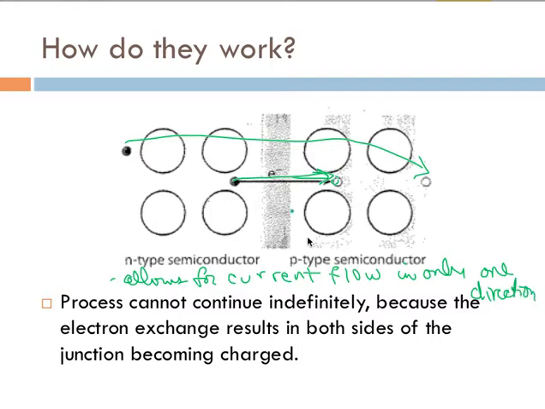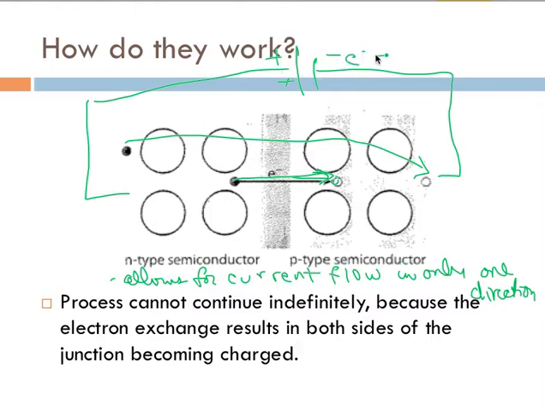Okay. And in order to keep this moving, we do have to connect it to an outside source. Okay, if we connect this outside battery in the wrong direction, meaning the one that I have drawn, plus side, minus side with electrons flowing this way, there would be no current allowed.